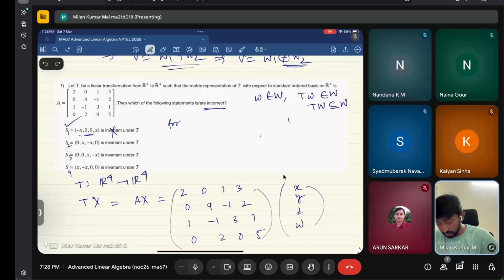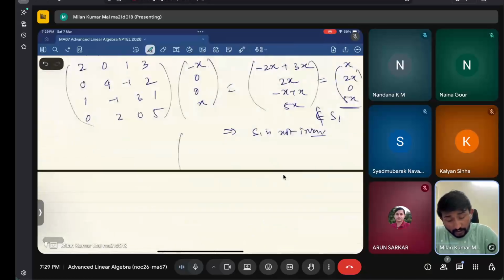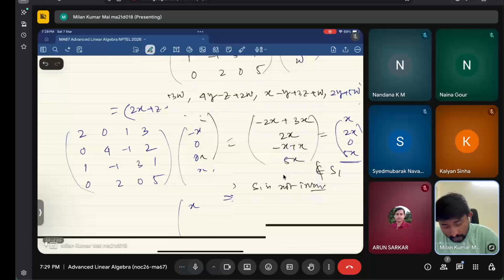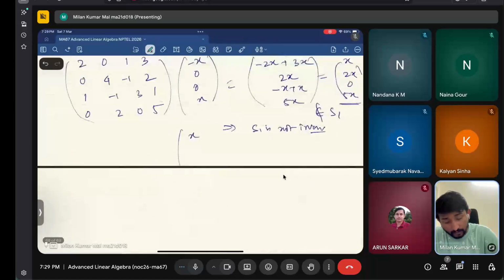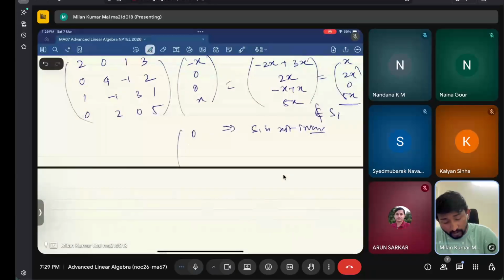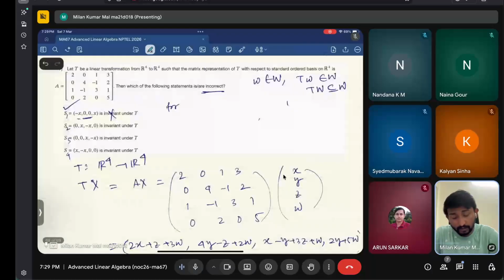Okay, I think all the options are correct, I think. So next one is x minus x. I'm just doing it directly: the next option is 0, x, minus x, 0.